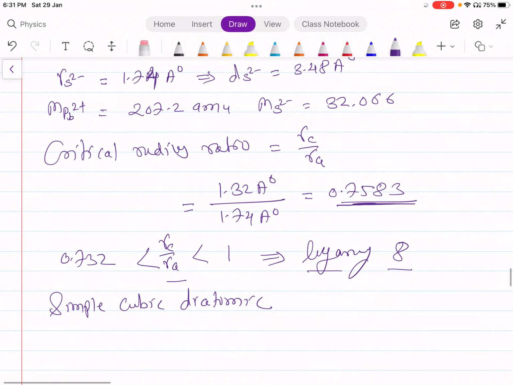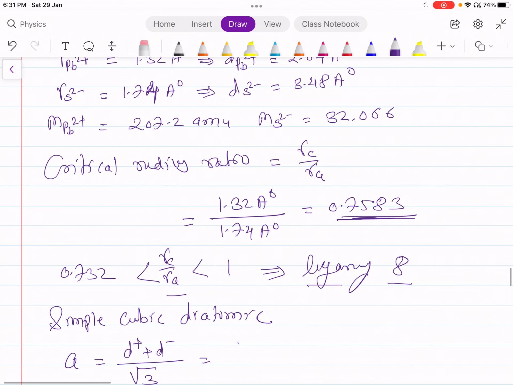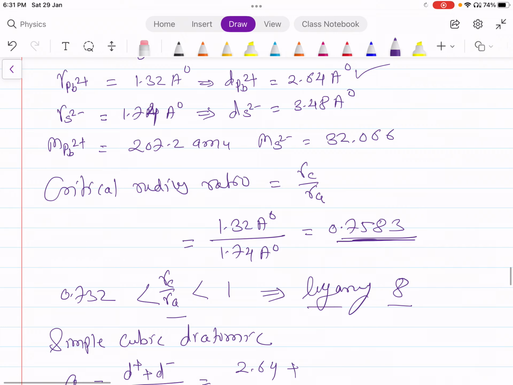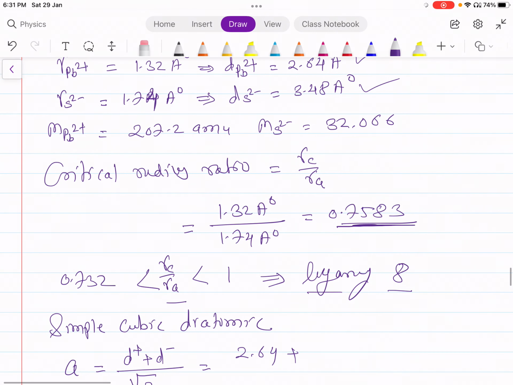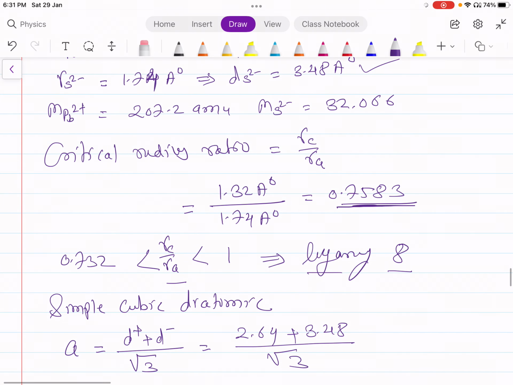And when it is a simple cubic diatomic, we know the formula for lattice constant, which is the diameter of positive ion plus diameter of negative ion divided by root 3. And this is already given to you. Diameter of positive ion is 2.64, plus diameter of negative ion 3.48, divided by root 3.